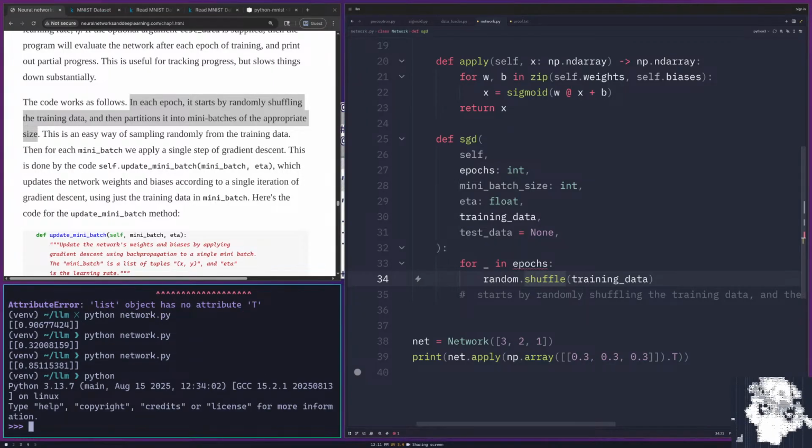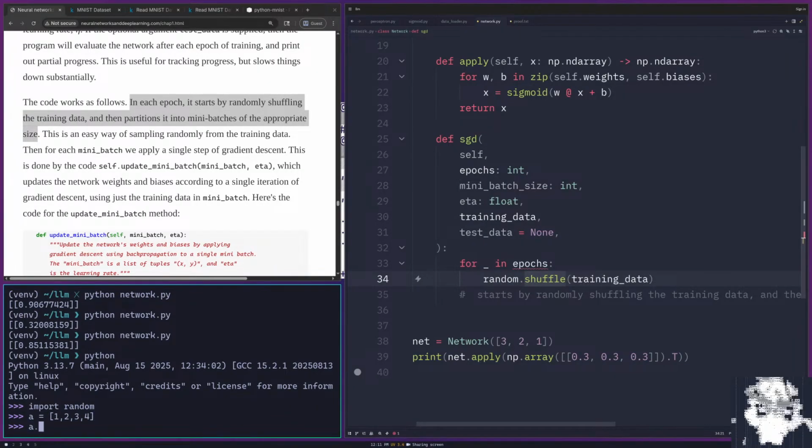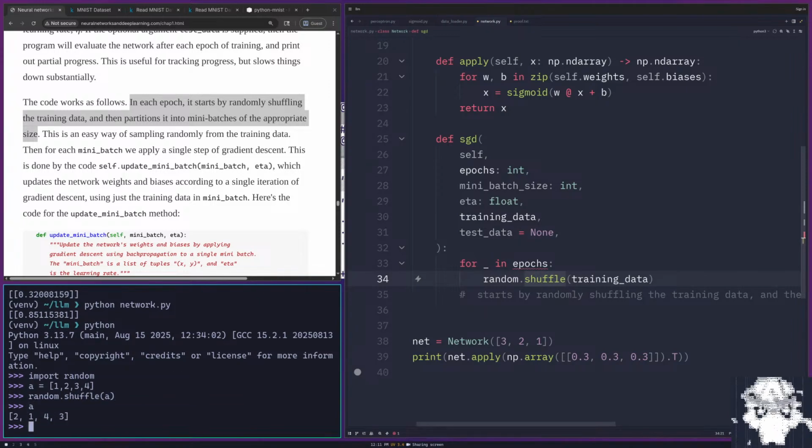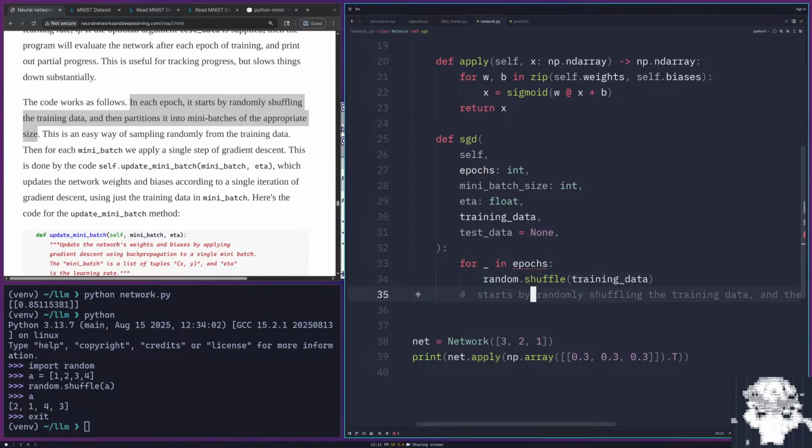Python, import random, a equals 1 2 3 4, a equals random dot shuffle a. Okay, so it doesn't return a copy.